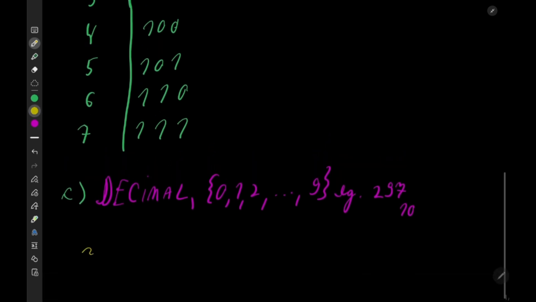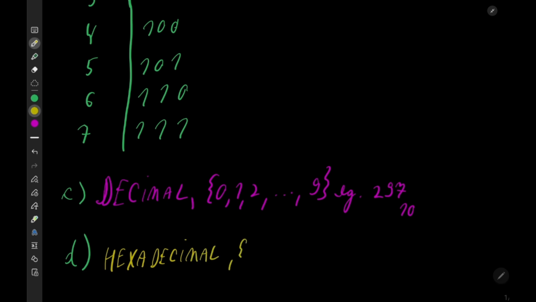And now the last one, also known as D, is hexadecimal, which is written as 0, 1, 2 to 9. But you may be thinking, but we need 16 numbers, right? Because we are talking about hexadecimal.